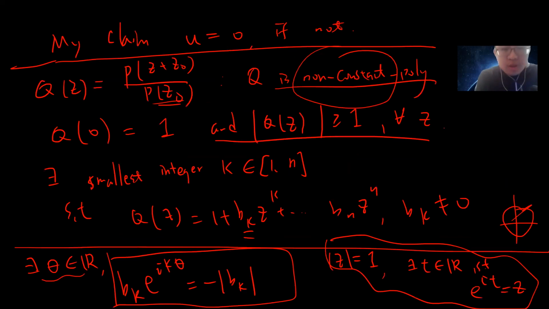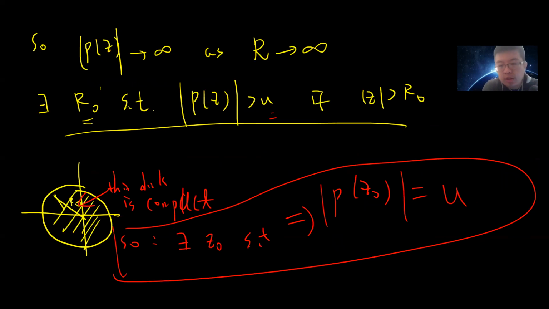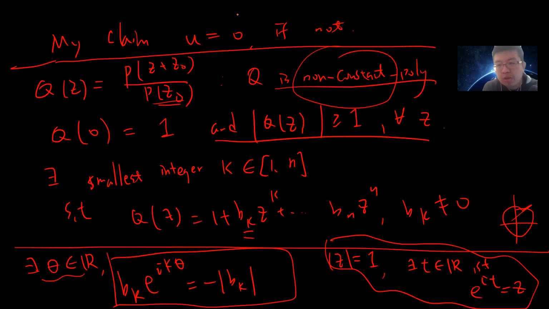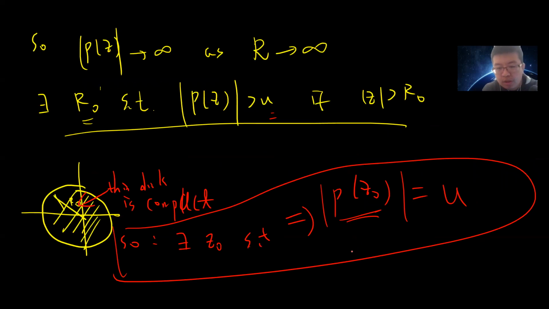So mu is 0, and once mu is 0, you have proved that there is Z0 such that P of Z0 is 0. All the key ideas come from here.